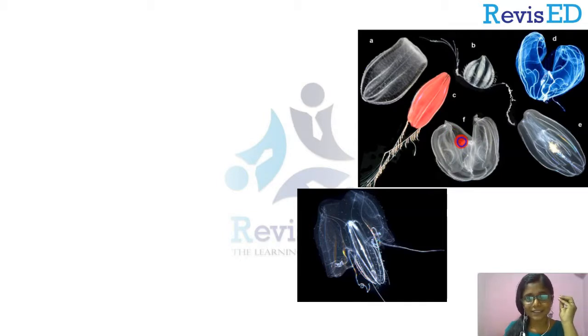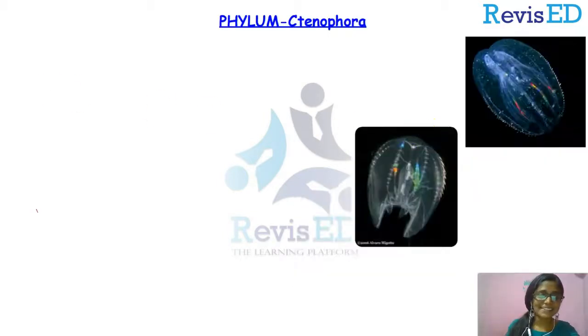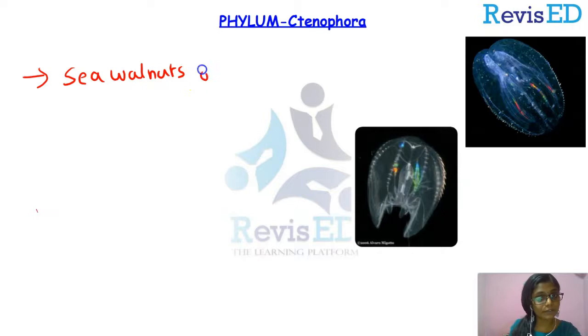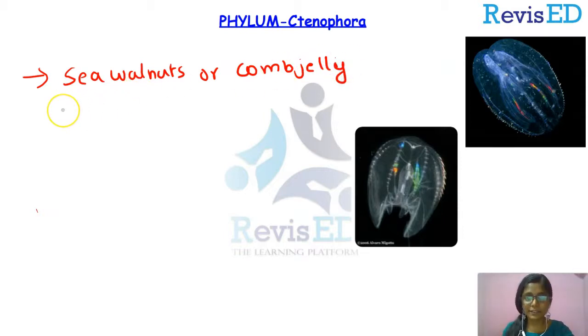Yeah. These ctenophores are commonly called sea walnuts, or otherwise they are known as comb jellies. Clear? So the common name of ctenophores is sea walnuts or comb jelly.